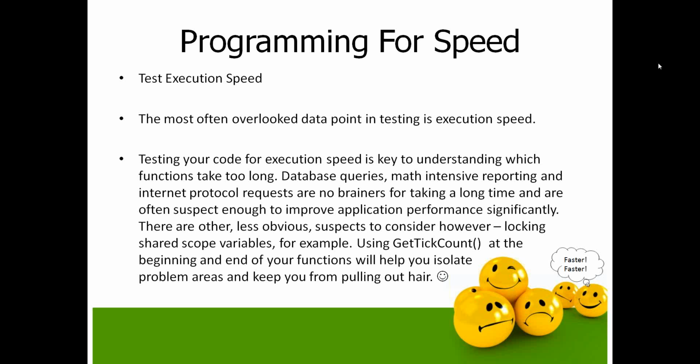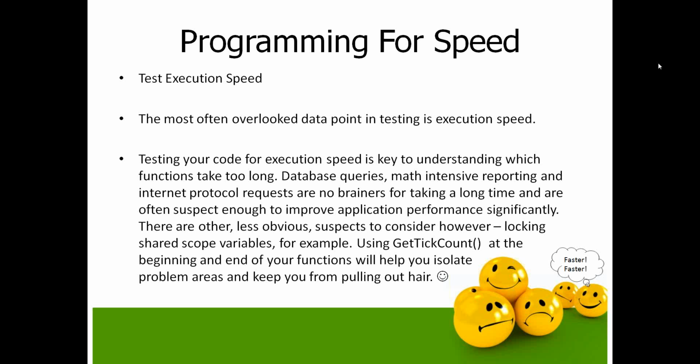There are times you have to lock your shared scope variables, obviously, but I've seen code where you have a CF lock and they set a variable, and then further down the code you have another CF lock and they set another variable, and then further down the code you get another CF lock. If you can put all those locks in one lock and set all your variables in one lock, then you'll save the time it takes to lock it 3 times, that type of thing.